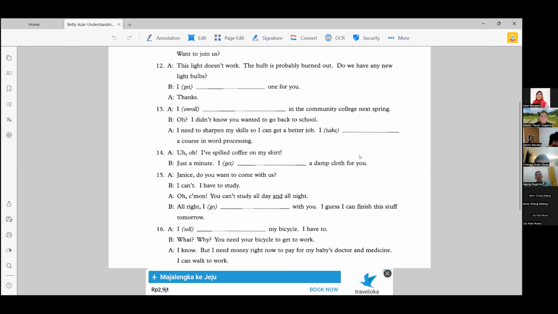I need to sharpen my skills so I can get a better job. I'm going to take a course in the word. Yeah, I don't know what happened to Budewi's laptop, but yes. So this is a plan, a prior plan. So I'm going to enroll and I'm going to take. Well done, Budewi.